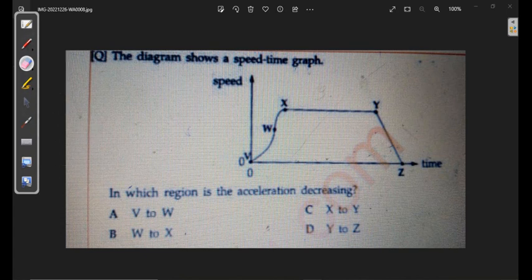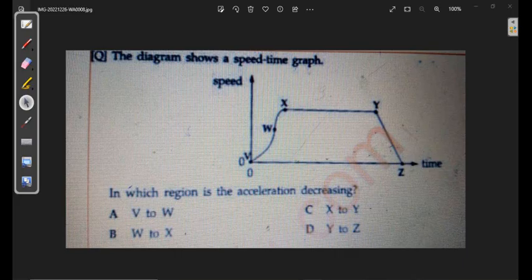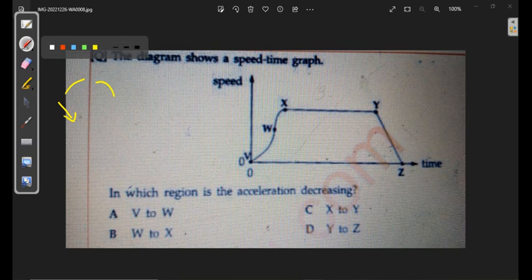So as we said, when you're talking about decreasing acceleration, you need to look at a region where the line looks like this, or like this, or like this. As long as the line is making more of a circle in that direction, that's a reducing acceleration, or deceleration.